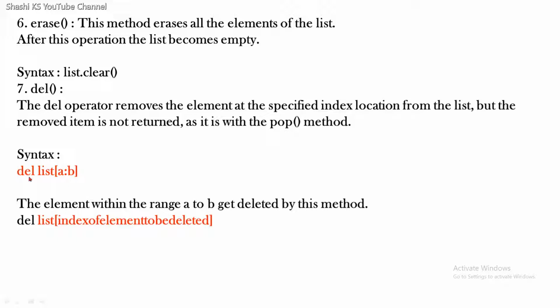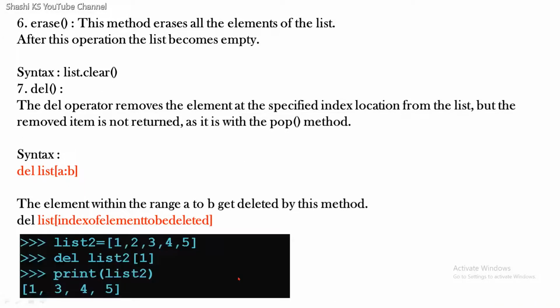So syntax is del and then the list name, you can specify the range A:B. Then the elements within the range A to B will get deleted by using this method. You can also delete by specifying del and then the list name, and then the index of the element which you want to delete can be specified within square brackets.